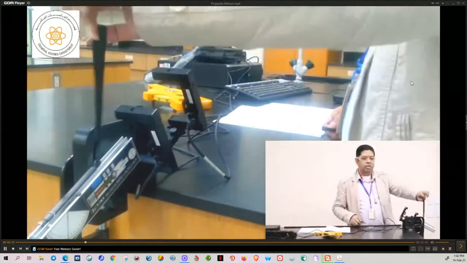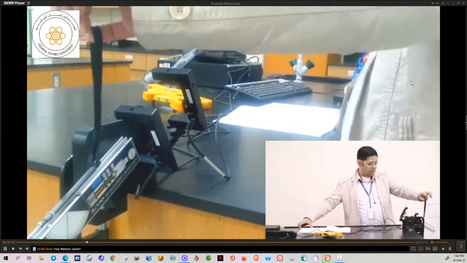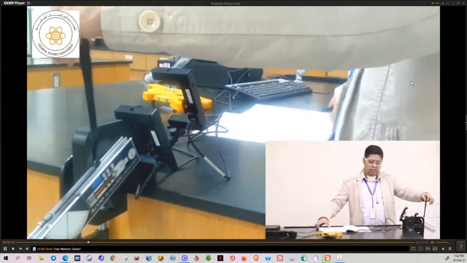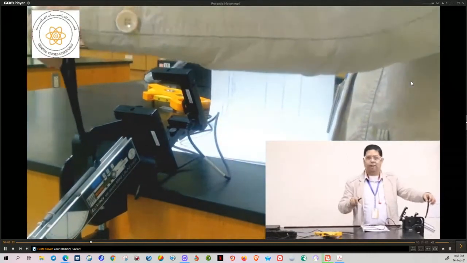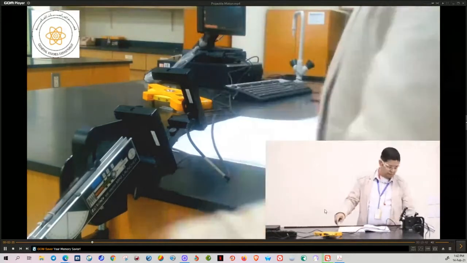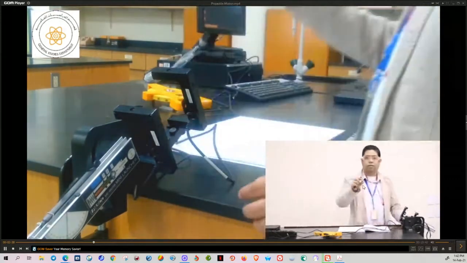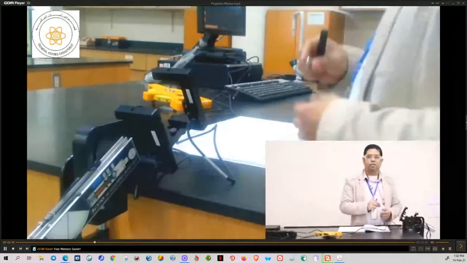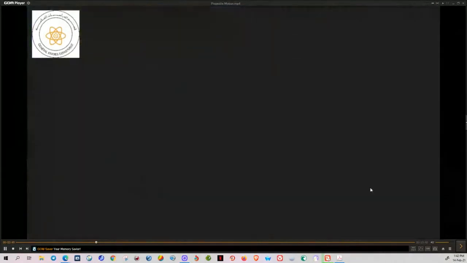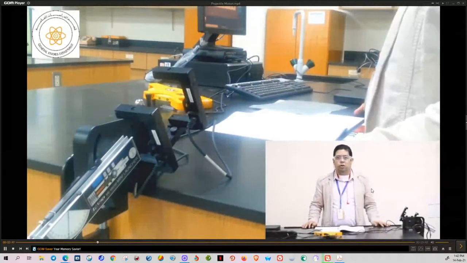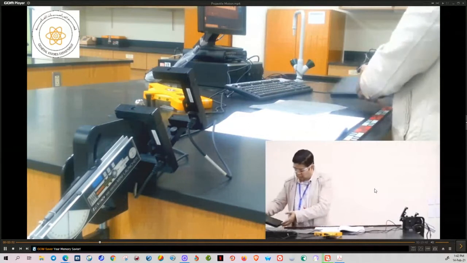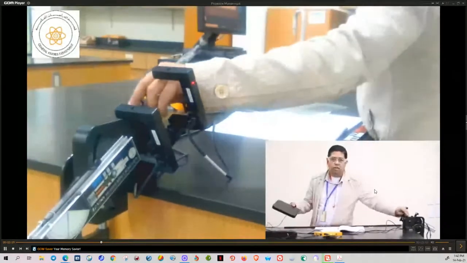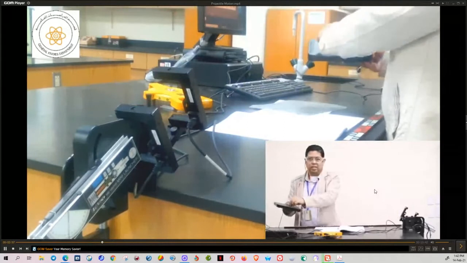Also, for safety, you must be wearing safety glasses, as I am doing now. To launch the projectile, we have a trigger, which is this, okay? Now, I'm going to launch the projectile, which I placed inside the launcher. I'm going to block it with my lab manual so that it will not fly off the table. Make sure that the ball is not going to fall off the table so that you will not lose it. We are also going to use what we call the time of flight accessory. Basically, it is a sensor where our projectile is going to land or hit.